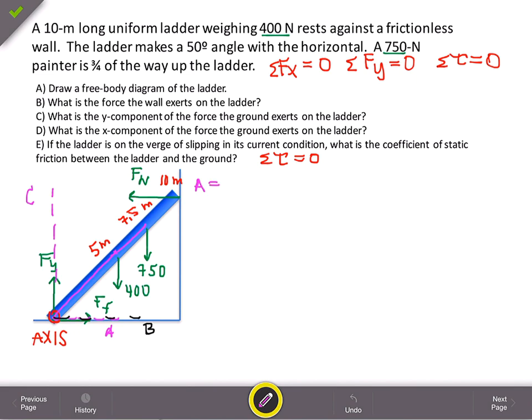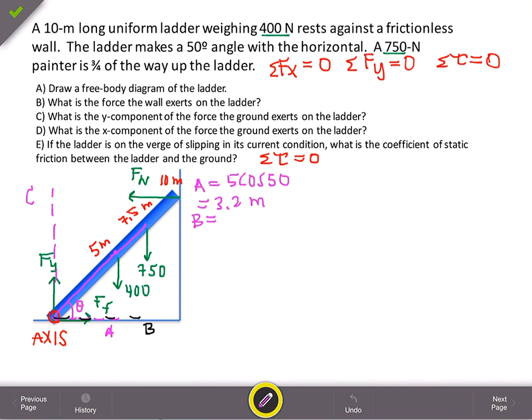So that distance A, I can represent as 5 times cosine of the angle. The ladder makes an angle, it tells us, of 50 degrees with the horizontal right there at the bottom. So that distance A would be 5 cosine 50, or 3.2 meters.